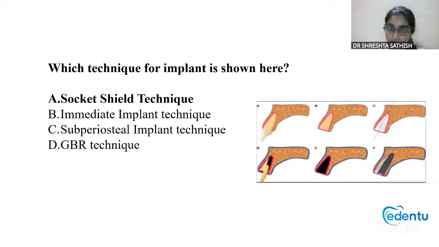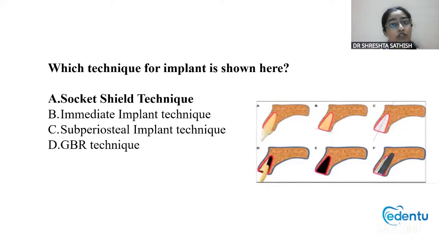In such a case, you do something called socket shielding. You shield your socket with a part of your tooth itself. The root is sectioned and it is thinned out. The pulpal remnants are removed. And if you see the last picture, it is a very thin wall of root which is placed there.